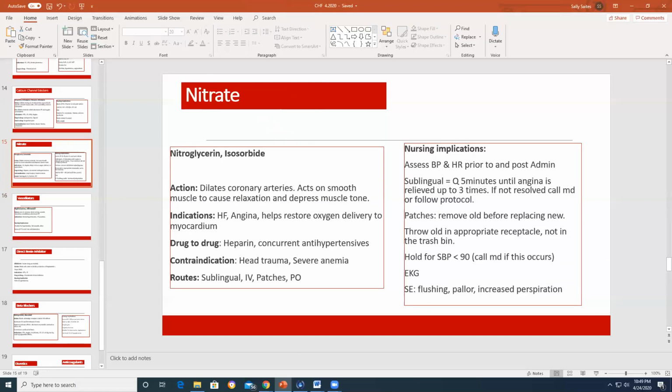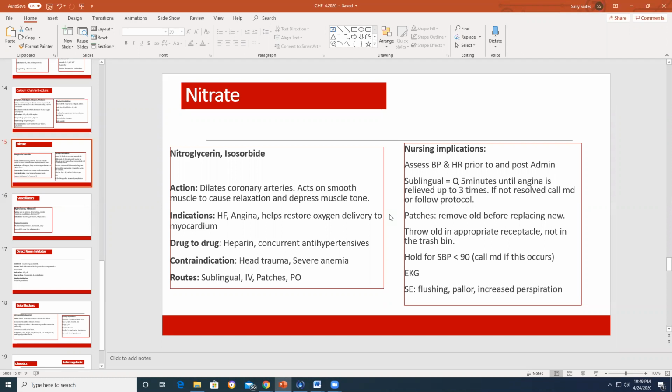I was going to say something actually about this nitrate. The reason that we want to dilate the coronary arteries with this nitroglycerin is because if we're having angina, it means that there's an area of the heart that isn't getting enough oxygen.